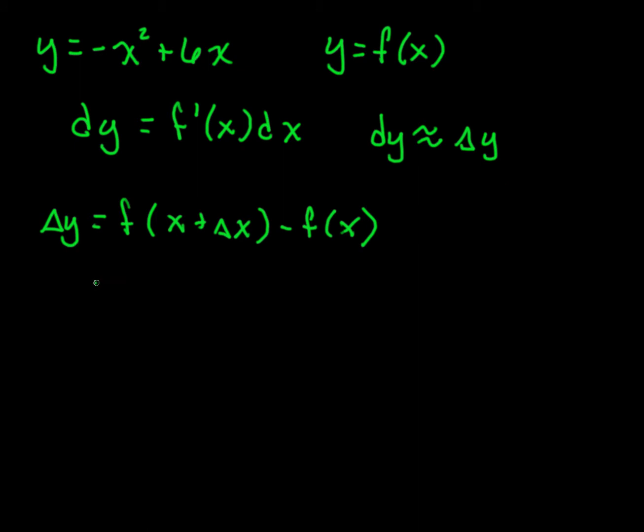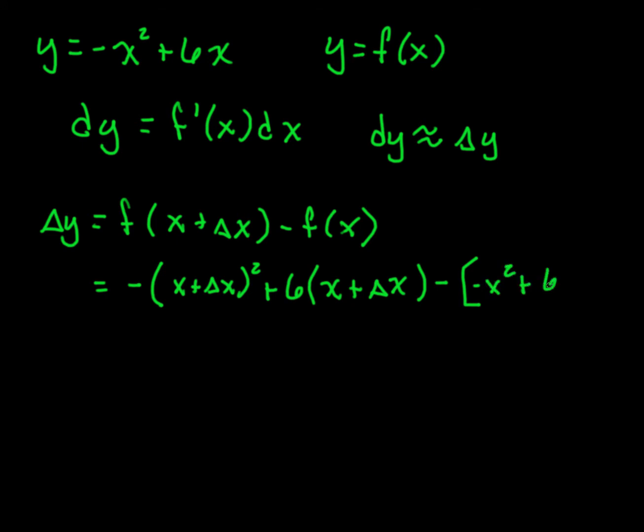So this is equal to negative x plus delta x squared plus 6 times x plus delta x, minus, I'll use the whole bracket, minus x squared plus 6x.